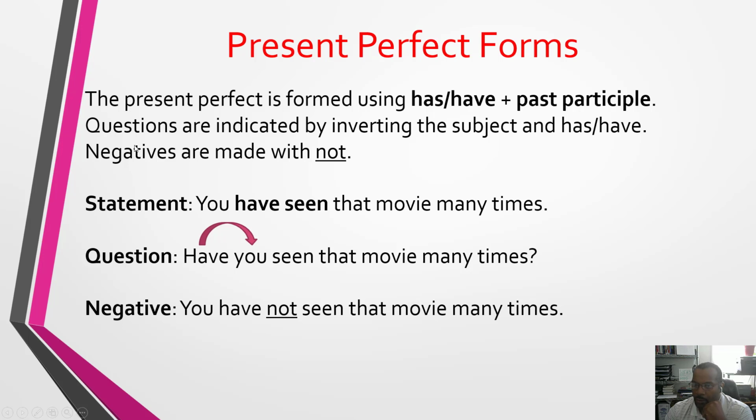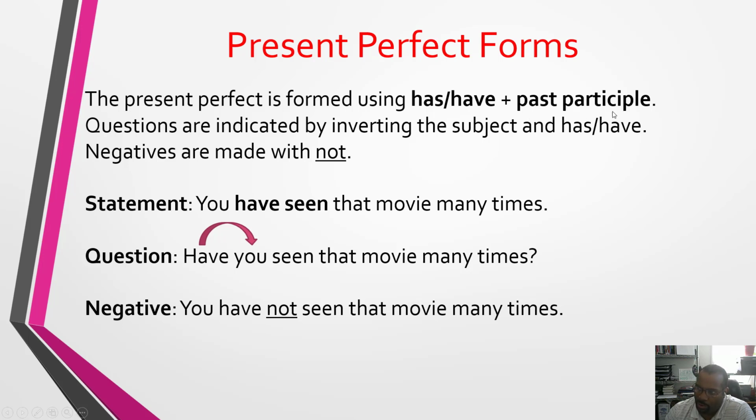This is the form. The present perfect tense is formed by using has or have, depending on who you're talking about, right? I have, you have, she, he, it has, we, they have, right? Plus the past participle of the verb, right?